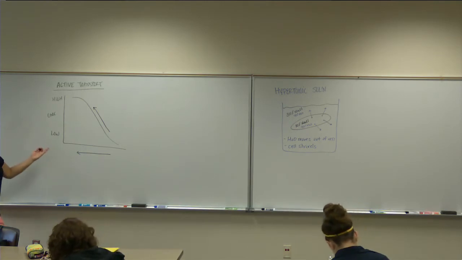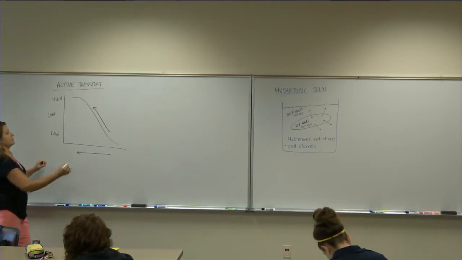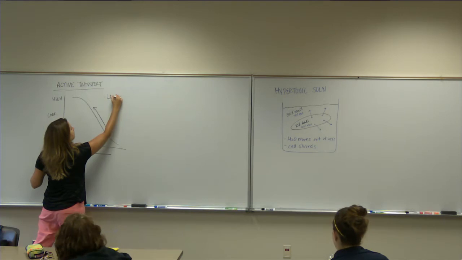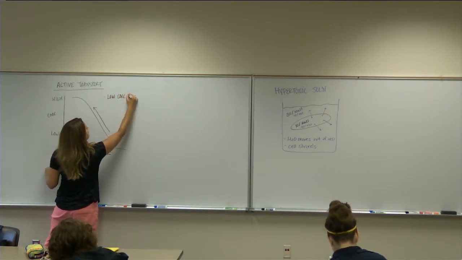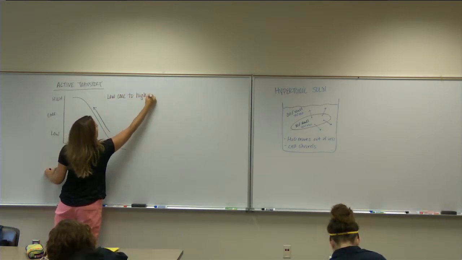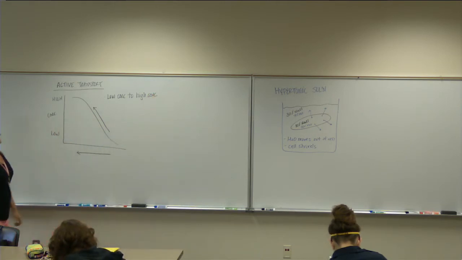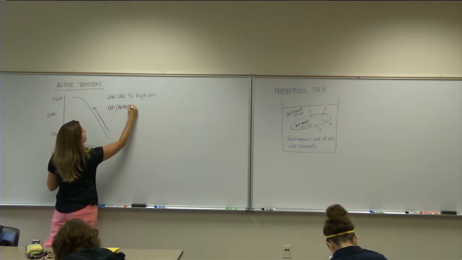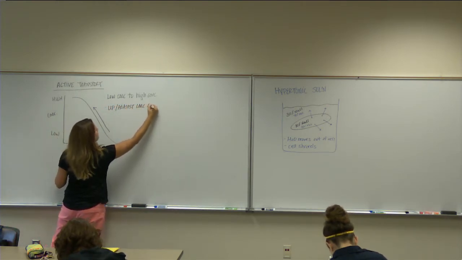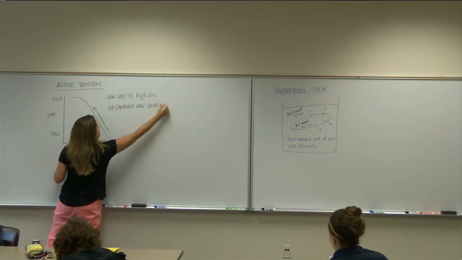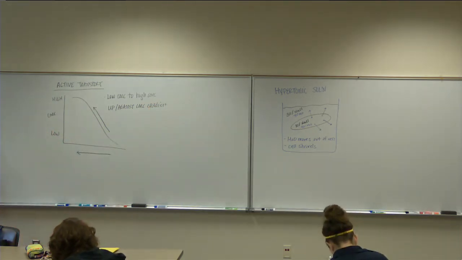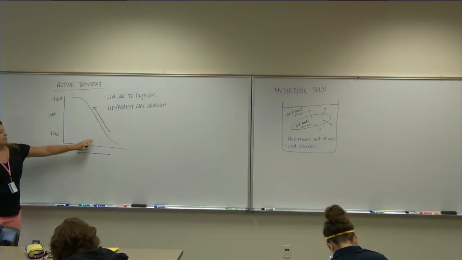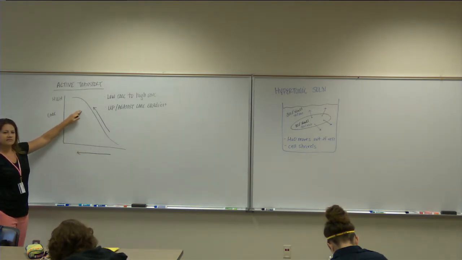With active transport, we move from an area of low concentration to an area of high concentration, going up that slope. You can also say you are going up or against the concentration gradient. Going up that hill, we're going against the grain, so to speak. We're going the opposite direction.